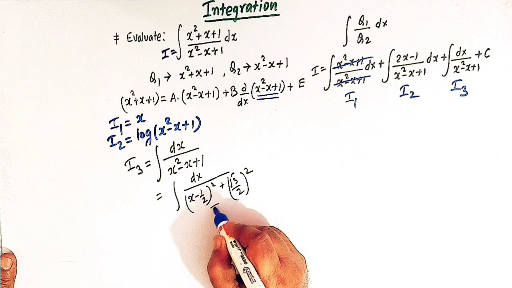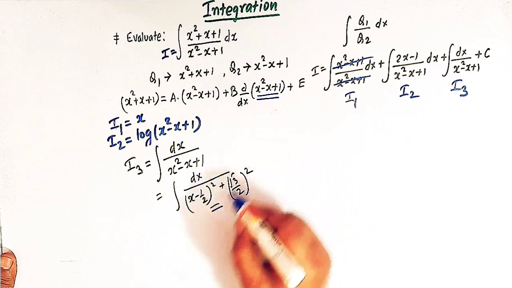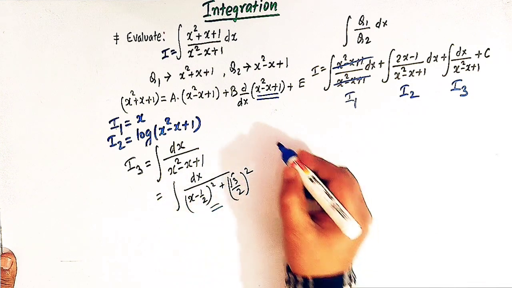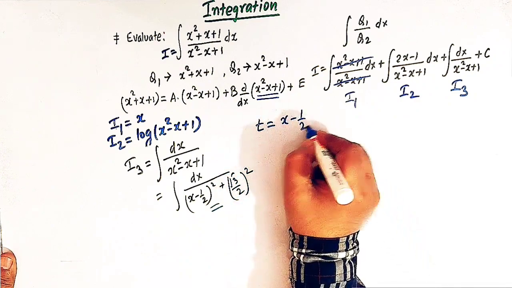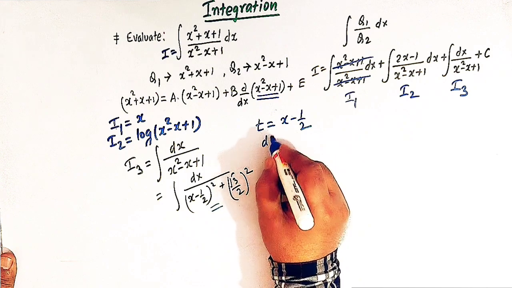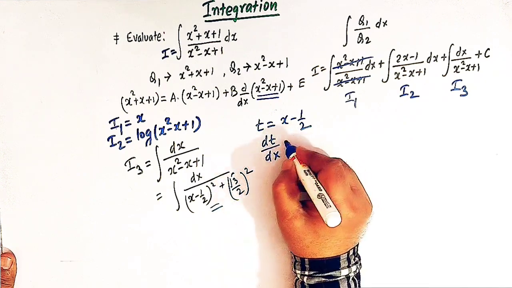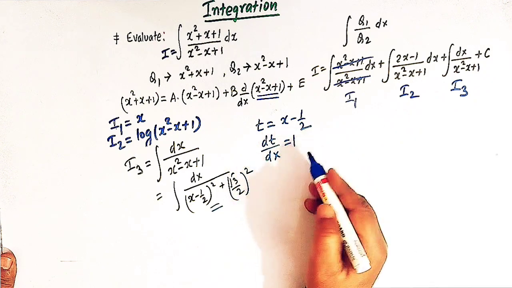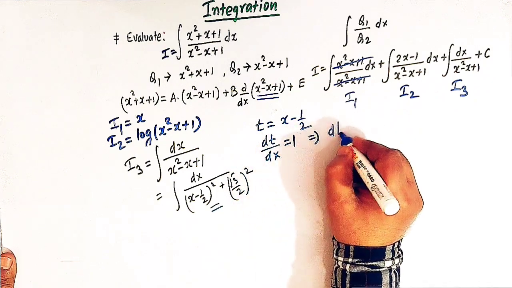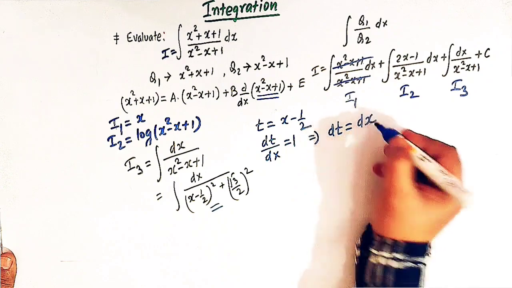To solve this integral, we can again use the method of substitution. So let us take t equal to x minus half, right? So dt over dx is equal to 1, because the derivative of x with respect to x is 1. So we have dt equal to dx, right?